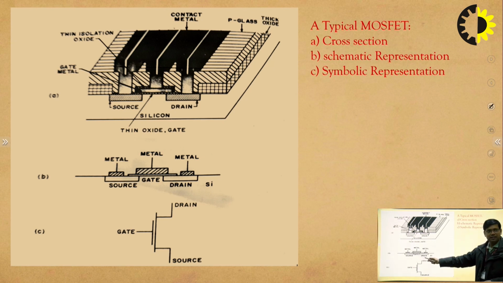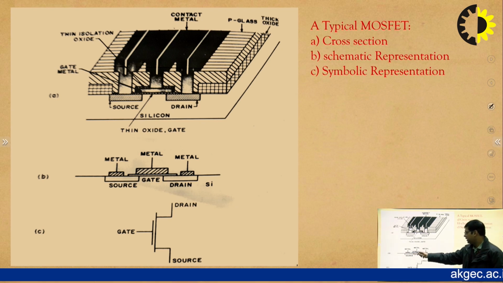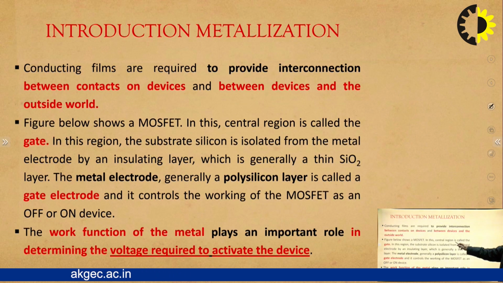In this figure, we can see that our MOSFET consists of three terminals: source, gate and drain. For all the three terminals, a contact is made here with the help of metal. Now, the central region in this figure is known as the gate.